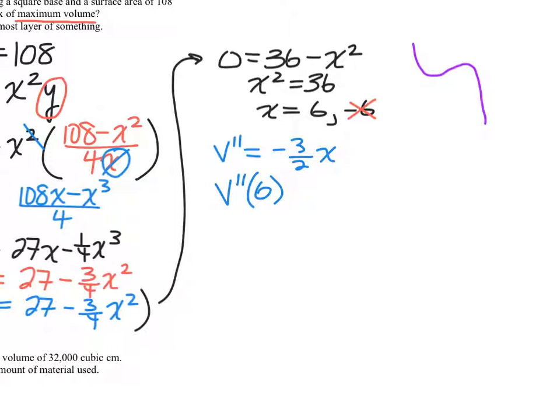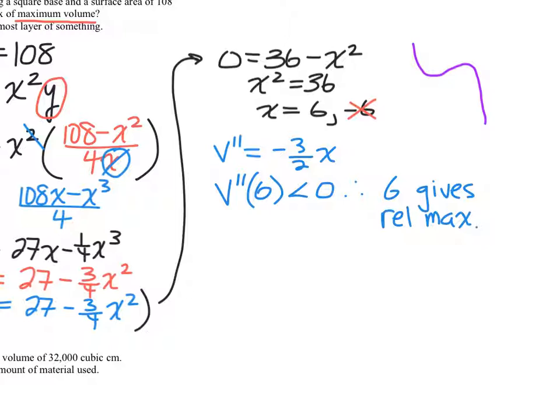So you plug in the 6, and really, again, for a second derivative test, we're just looking for the type of number, not what the number is. If I plug in a 6, I'm going to get a negative number. Therefore, 6 gives a relative max.